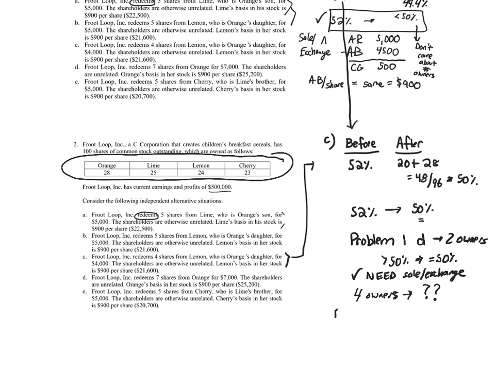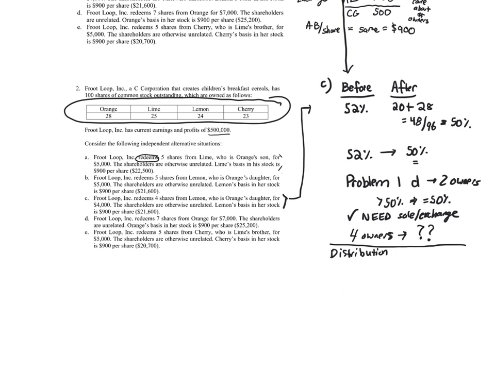If it was treated as a distribution, let's say it ends up getting treated as a distribution by the courts or the IRS or whoever, right? If it's a distribution, it's going to be a $4,000 distribution. We have enough earnings and profits, right? We have enough E&P, so it's going to be a $4,000 dividend to Lemon.